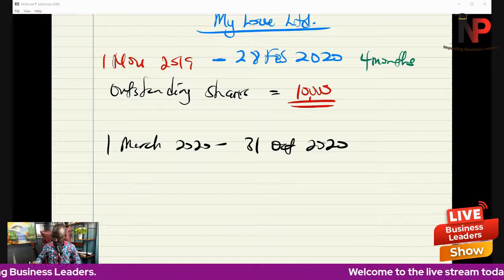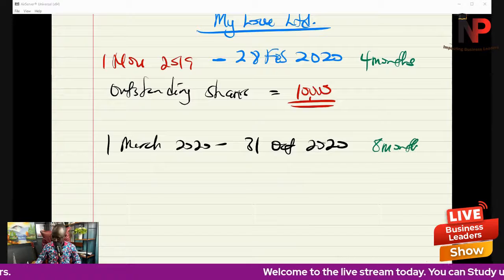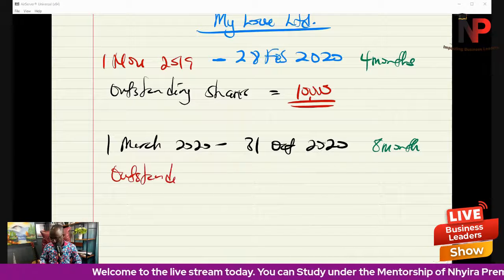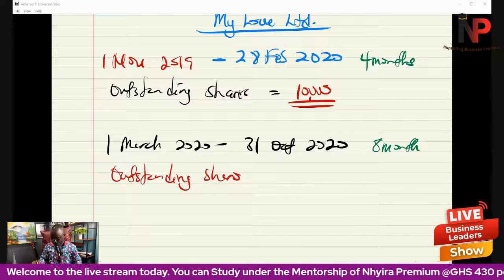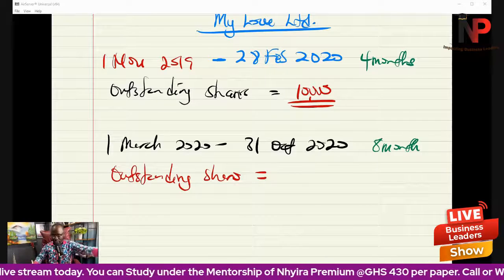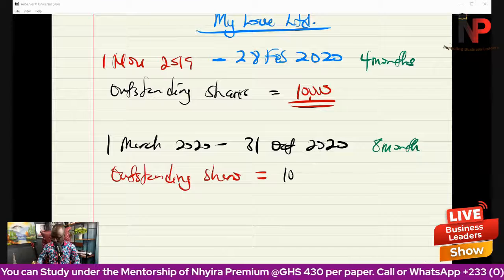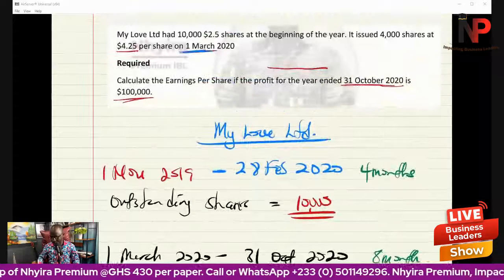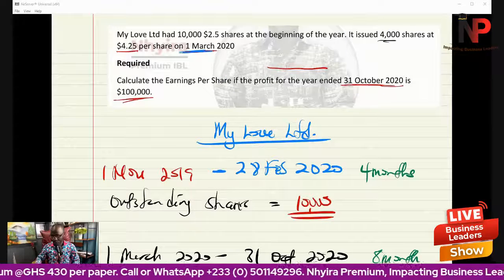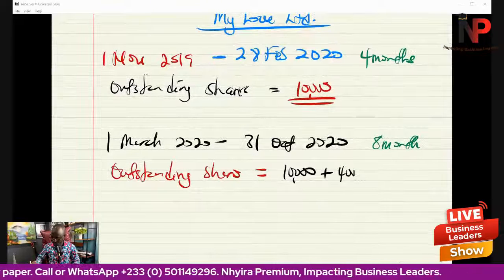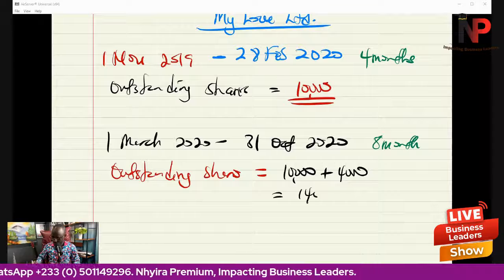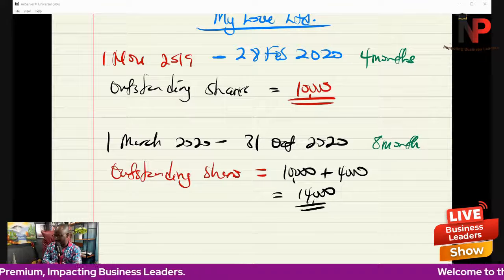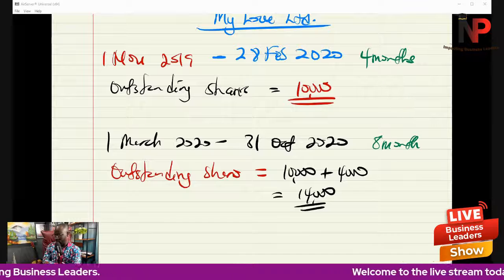So for the rest of the 8 months, our outstanding shares will be the shares that were there before the issue, 10,000, plus the new issue that was made, 4,000, giving us a total of 14,000. I hope you are following the treatment. That's very, very important.